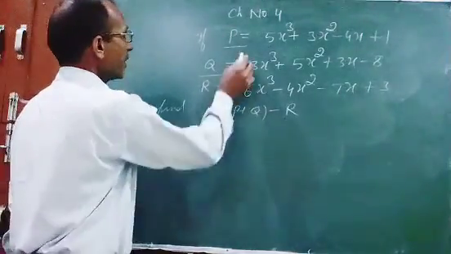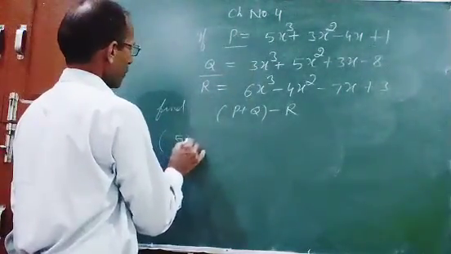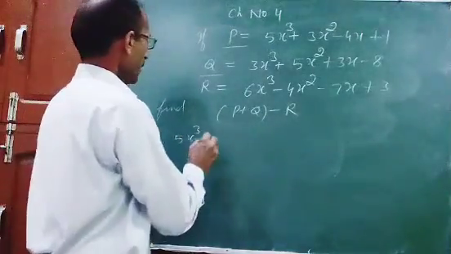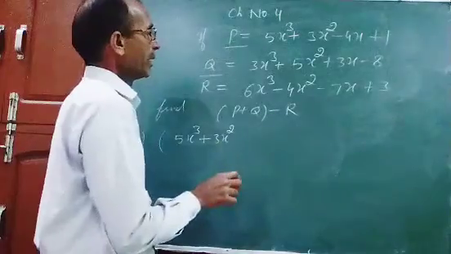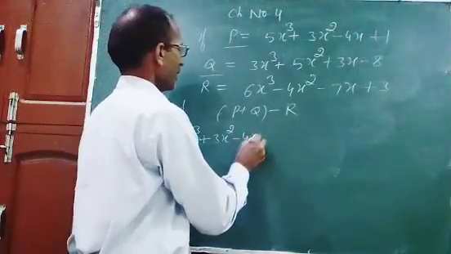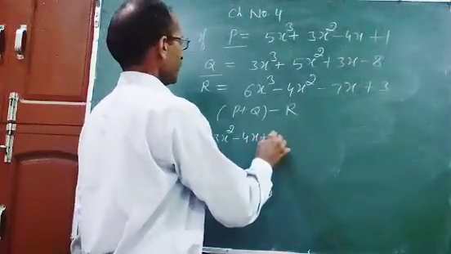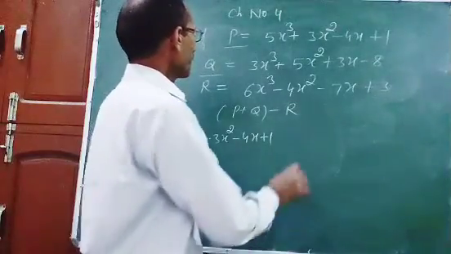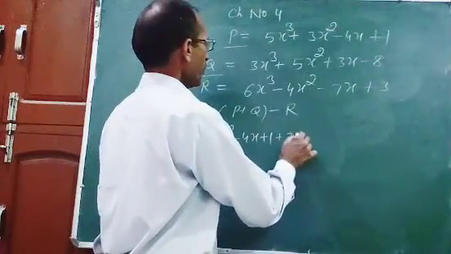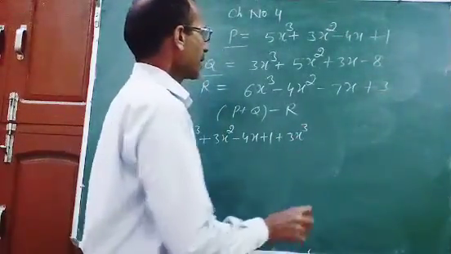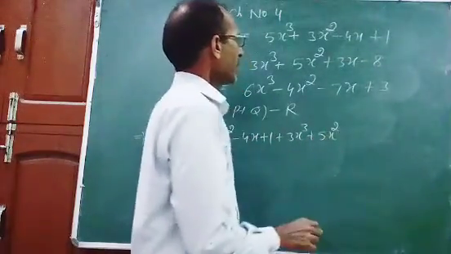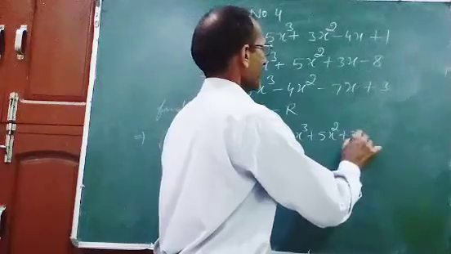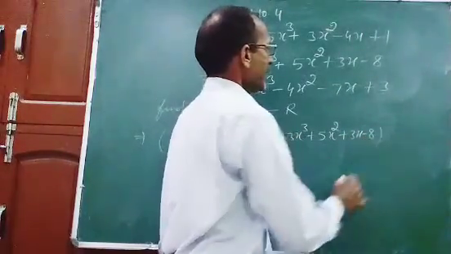P plus q is 5x cube plus 3x square minus 4x plus 1, plus 3x cube plus 5x square plus 3x minus 8.